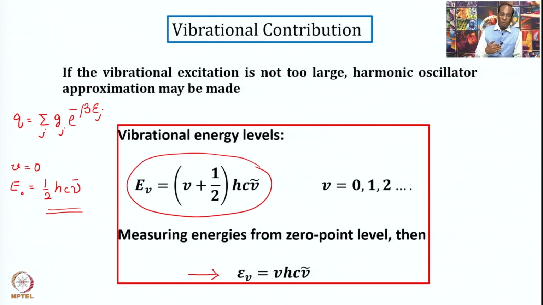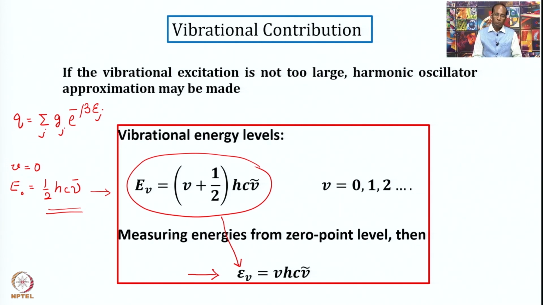So what we have done is modify this expression into another expression by setting E0 equal to half hc nu bar. That means I go back to the earlier discussion: if I want to know the internal energy of a system, I will have to add the zero point energy, because internal energy is the energy of the system added up in all its forms.